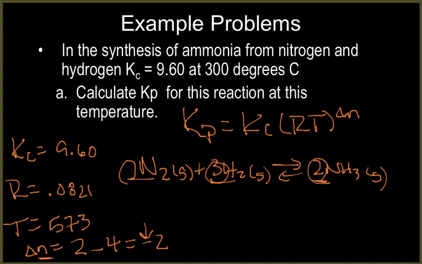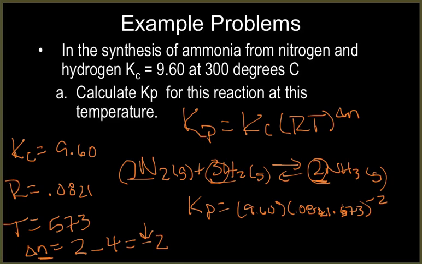Okay, so now we have all those, we can go ahead and substitute those in. So Kp equals Kc, which we said was 9.60, times 0.0821 times 573, and that is all raised to the -2.